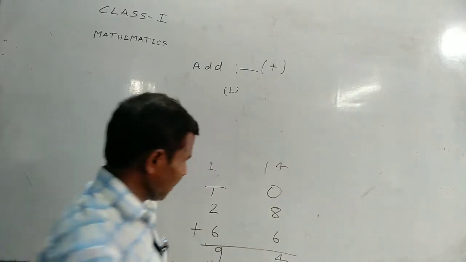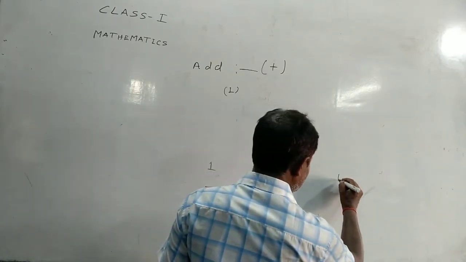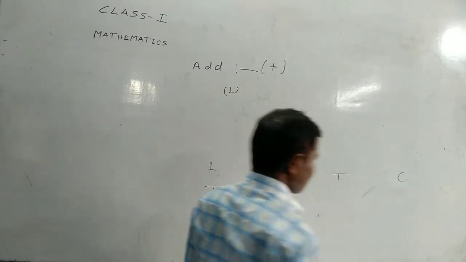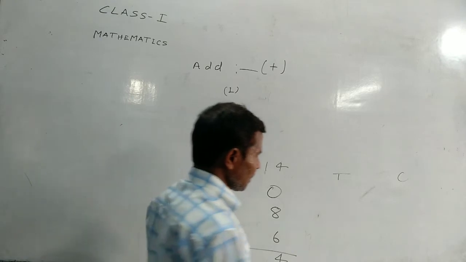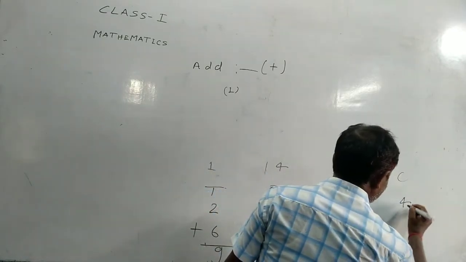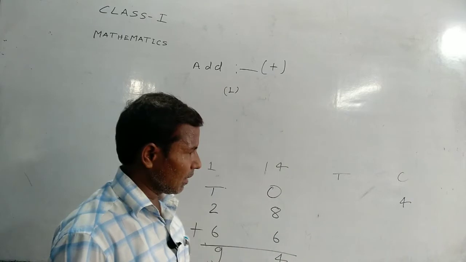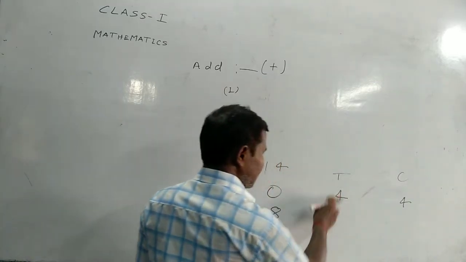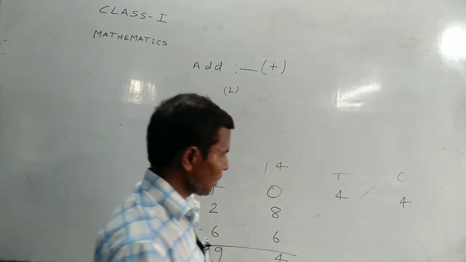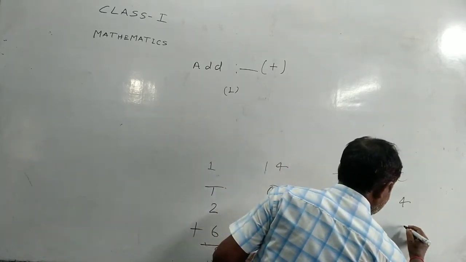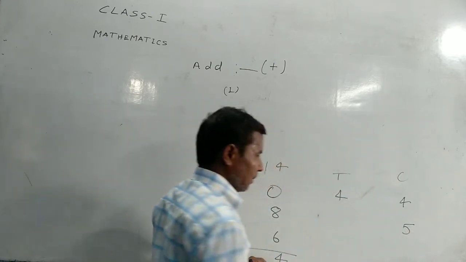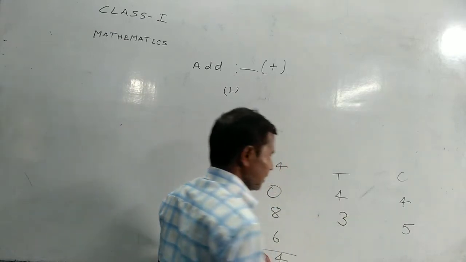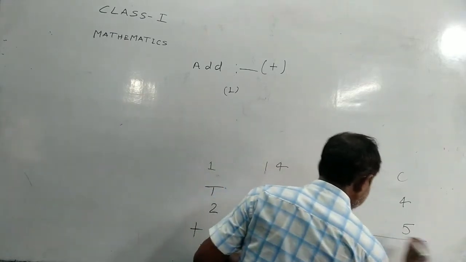Next also, listen carefully. Suppose T tens, ones. 4 is written under ones place, and also 4 is written under tens place. 5 is written under ones place, and 3 is written under tens place.